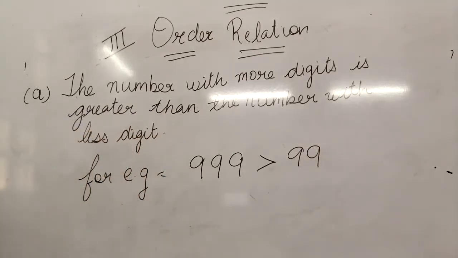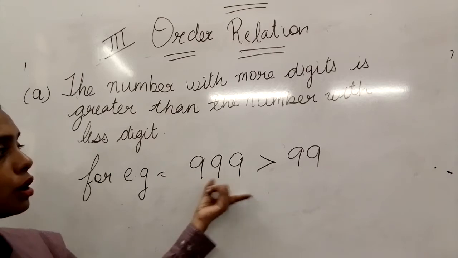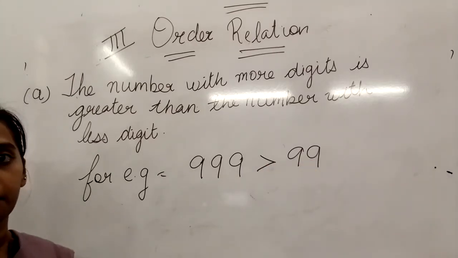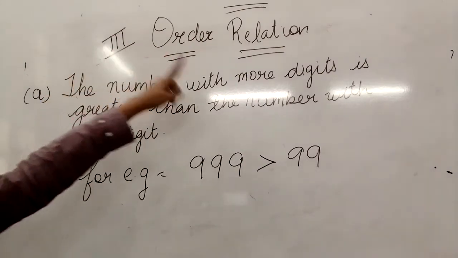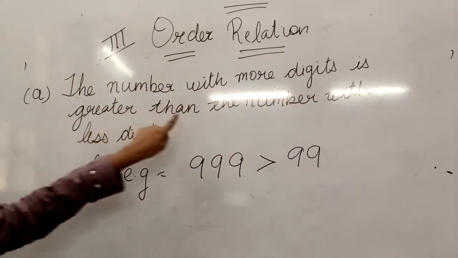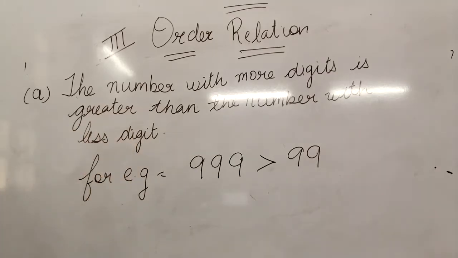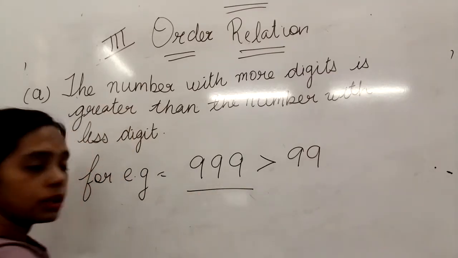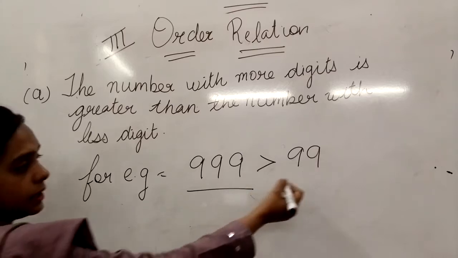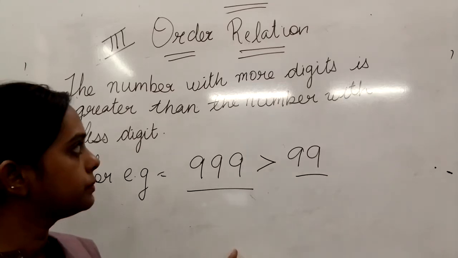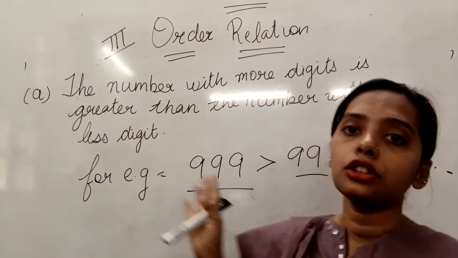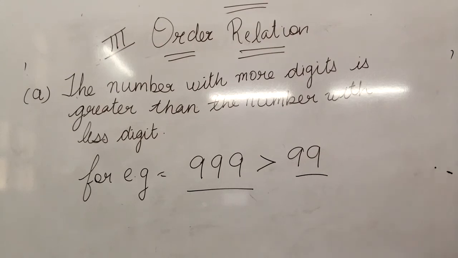Okay, because a 3-digit number is always greater than a 2-digit number. Understood? So here again repeat the point. The number with more digits is greater than the number with fewer digits. Now see, this number has more digits, so it will always be greater than the number with fewer digits. Okay, so I hope this is very much clear to you. So write down this in your notebook so that we can continue further.